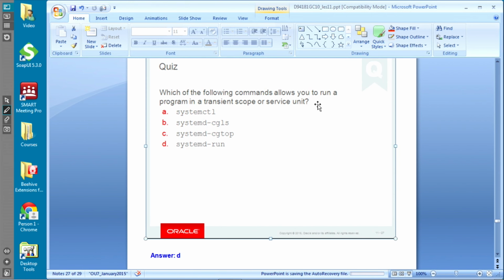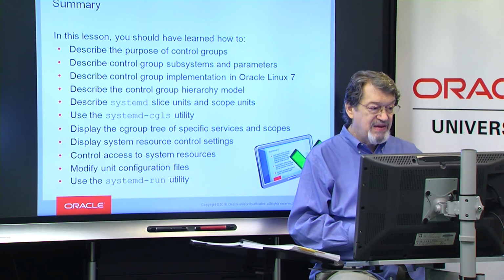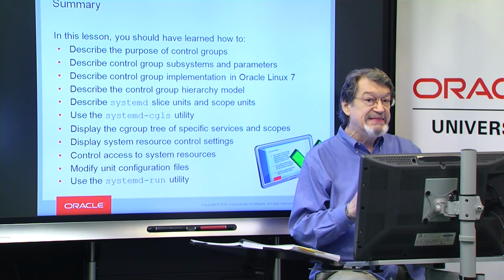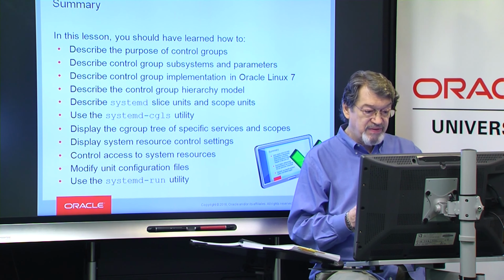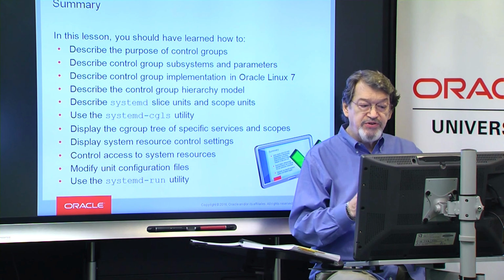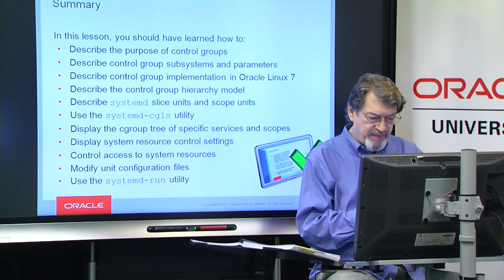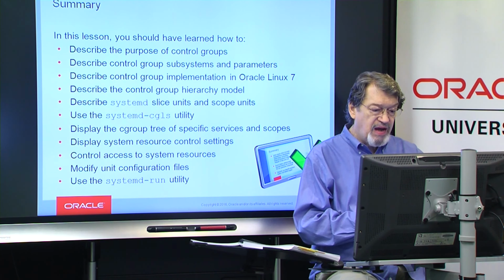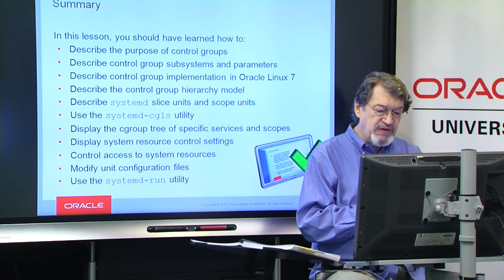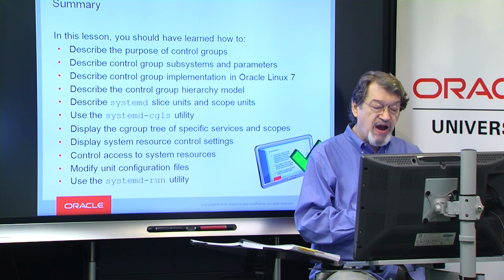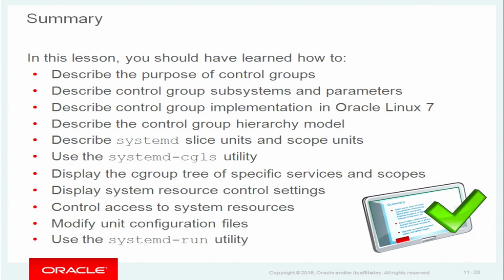Craig does that occasionally. All right, the summary here: we learned the purposes of control groups. Al thinks they're important. We introduced you to the 10 subsystems and a very, very few of the parameters. We talked about the differences between Oracle Linux 6 and Linux 7. And we described how you, as root, can go out and change the cgroup hierarchy model.